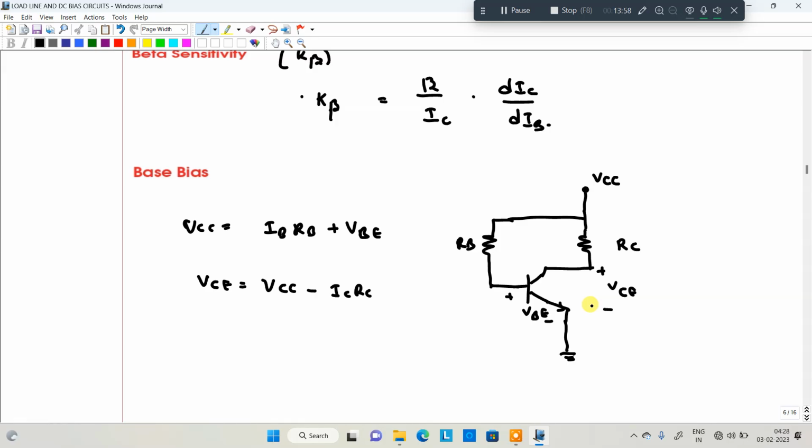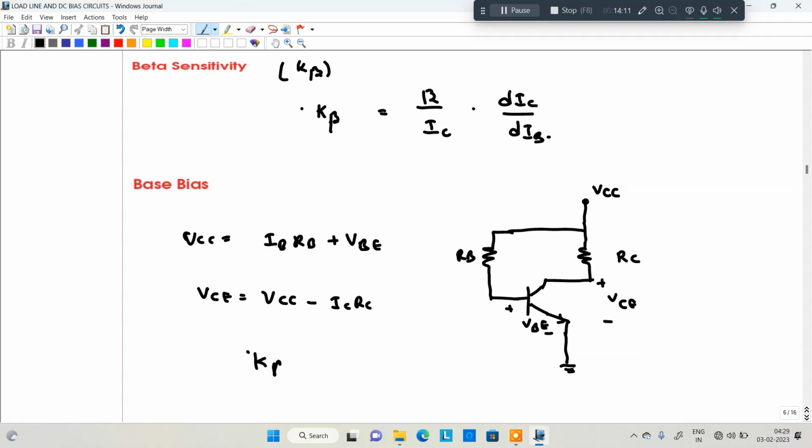In case of fixed bias, the beta and K beta values are important, and they will ask questions on them. The K beta value is 1 and the stability factor is 1 in case of base bias. You should remember this point; that is enough for base bias.